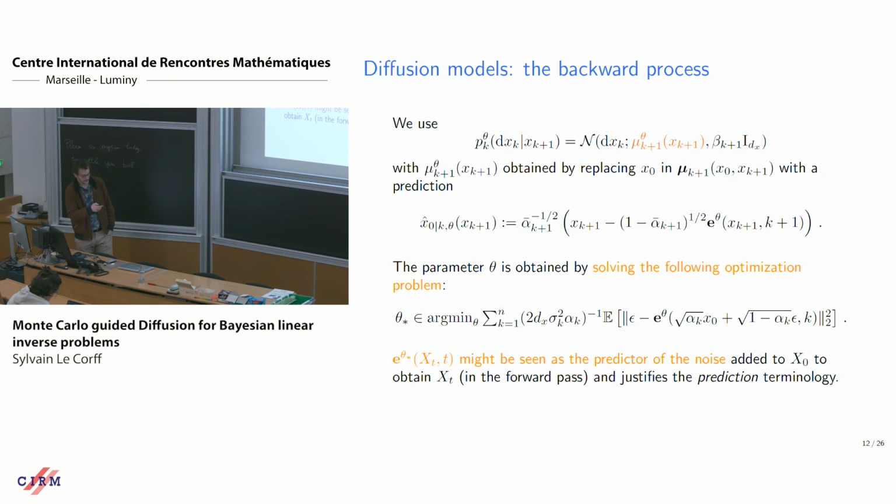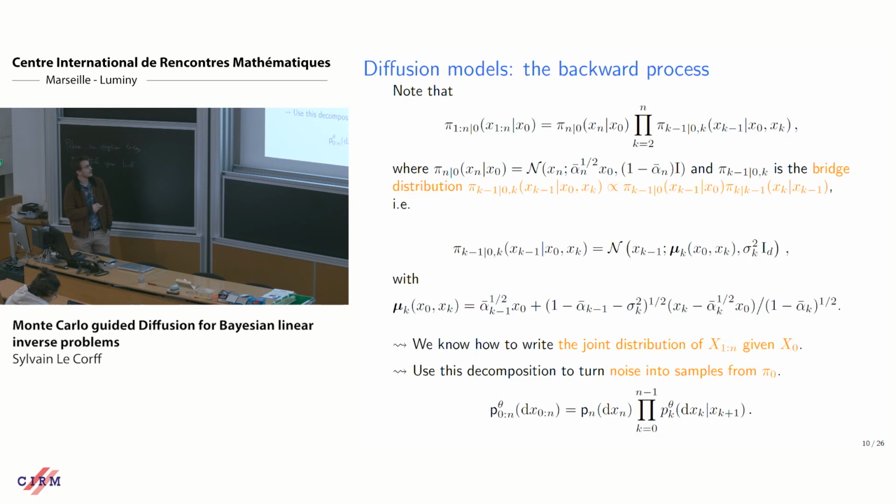So this is briefly how I try to sum up what people do in diffusion processes in 2 or 3 slides. But basically what you need to keep in mind is that it's hard to use this thing.